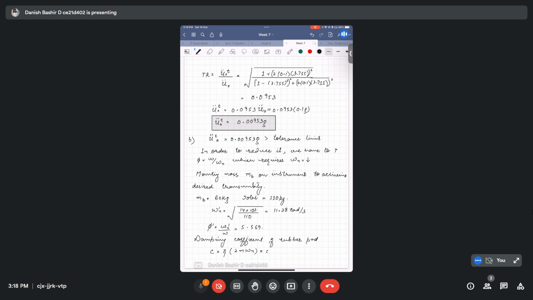Theta is initially 0.1, the mass was 50, and the initial omega n was 16.73. So C comes to 167.3 newton second per meter.